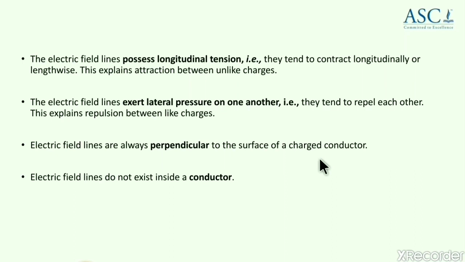Reason: if the lines of force are not normal to the conductor, the component of electric field E vector parallel to the surface would cause the electrons to move and would set up a current on the surface, but no current flows in the equilibrium condition.